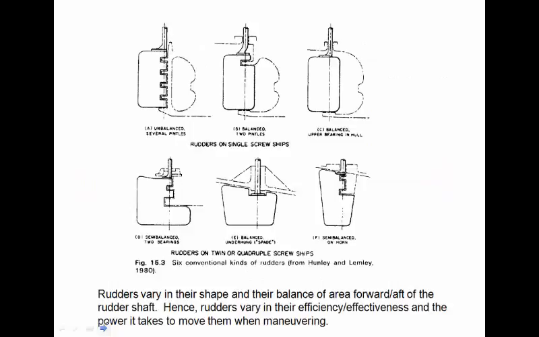And here we have some rudders. Really the name of the game here with rudders is trying to get as much surface area inside the overall propeller wash area. We want to be able to move as much water as possible past as big a surface area as possible with as little obstructions as possible.